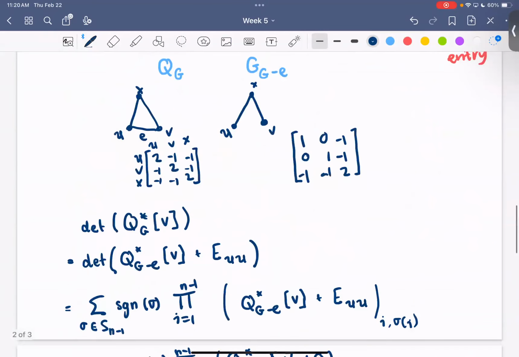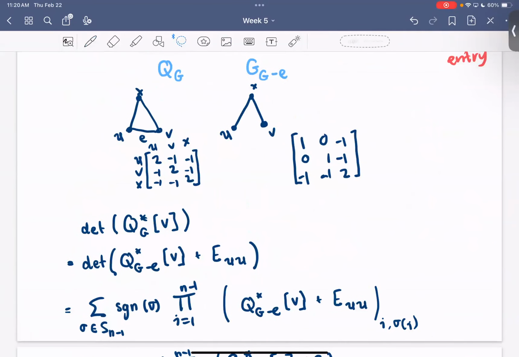Because where did we start with this? We started with the determinant of this matrix.